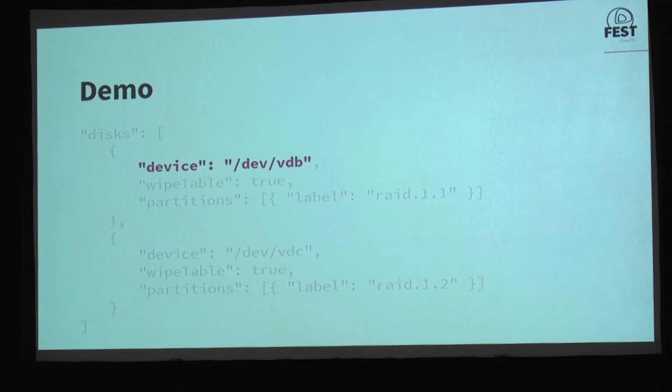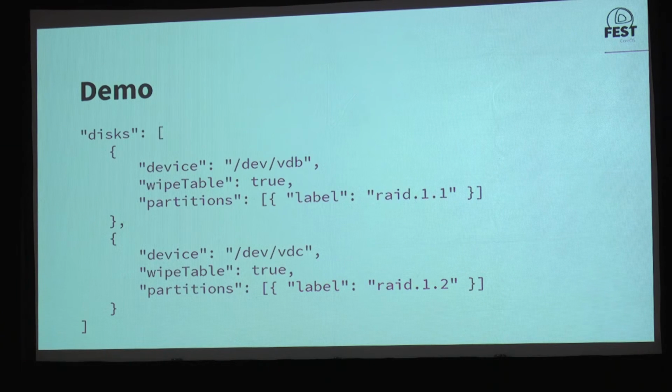So we have VDB, that first external disk. We're going to wipe the partition table on it, and then create a single partition called RAID 1.1. Similarly, we're going to take the second disk, VDC, again wipe the table, and create a single partition on that one called RAID 1.2. So at this point, we have both disks partitioned.